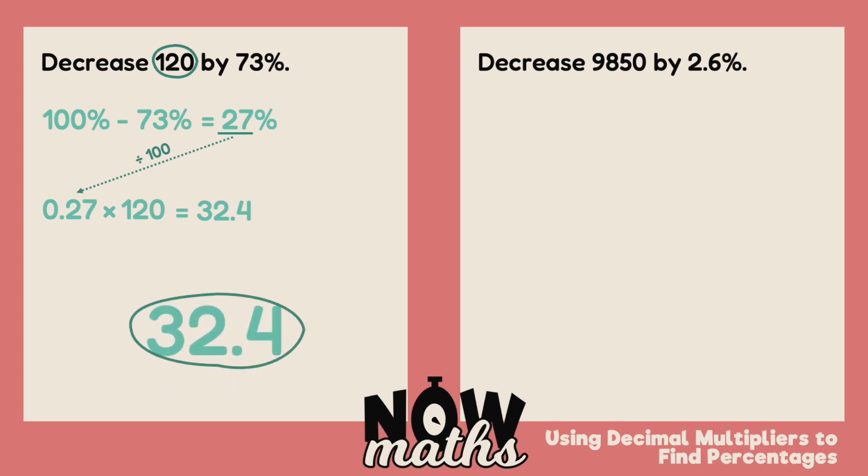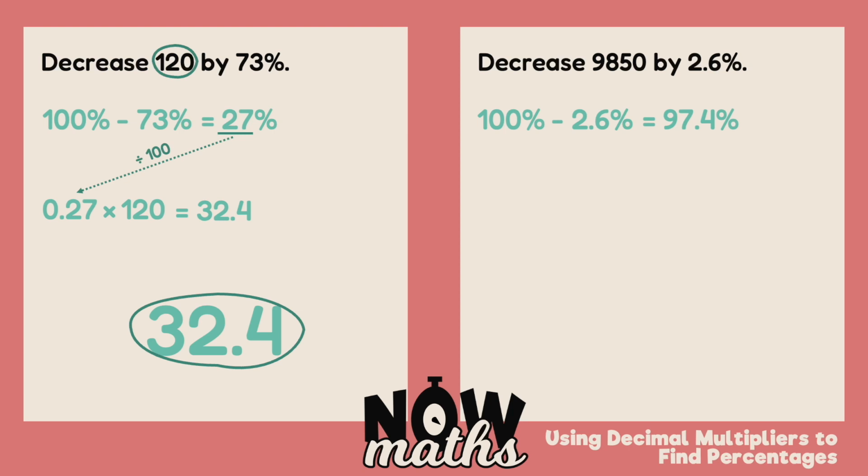Approaching the question on the right in the same way, if we say 9,850 is 100% and we're decreasing by 2.6%, we need to subtract 2.6% from 100% to give us 97.4%. So decreasing by 2.6% is exactly the same as finding 97.4%.